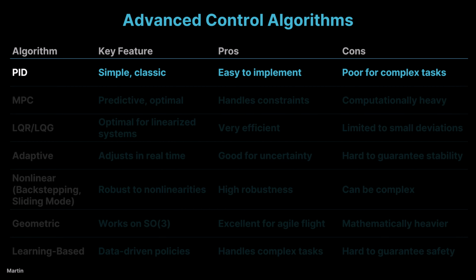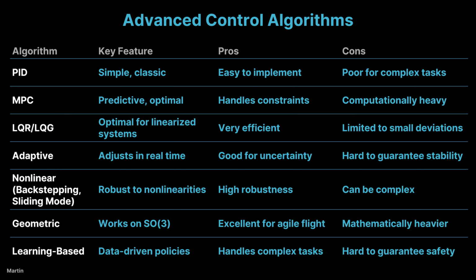Some of these include Model Predictive Control, MPC, Linear Quadratic Regulator, LQR, Linear Quadratic Gaussian, LQG, Adaptive Control, Nonlinear Backstepping, Sliding Mode Control, Geometric Control in SO3, Learning-Based Control, such as Reinforcement Learning. Each of these methods offers unique advantages depending on the flight requirements, system complexity, and the level of performance needed.